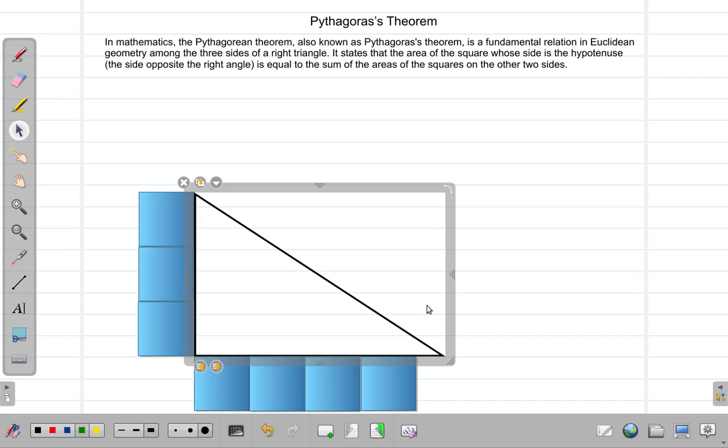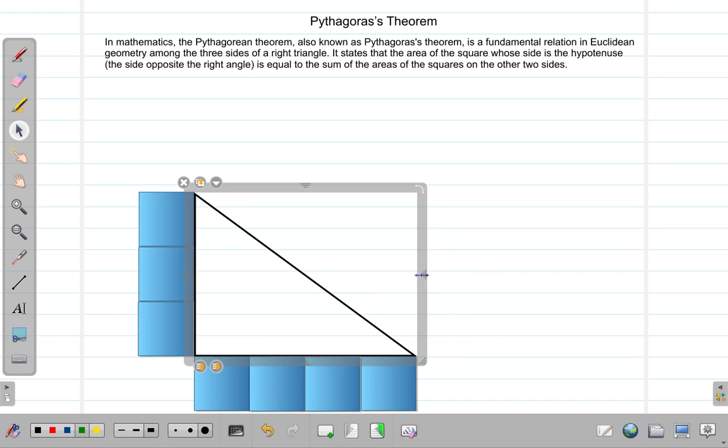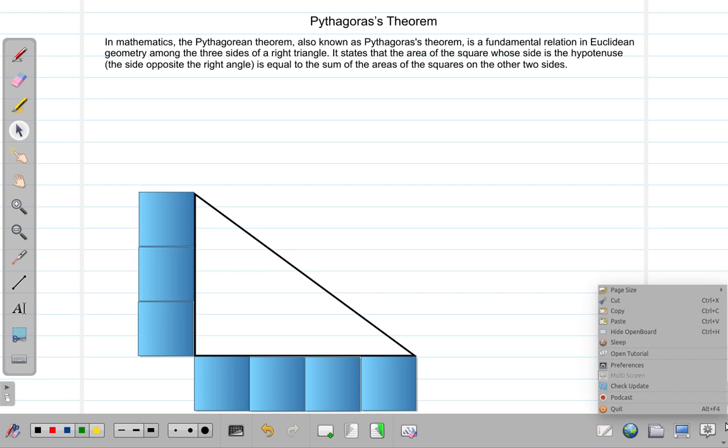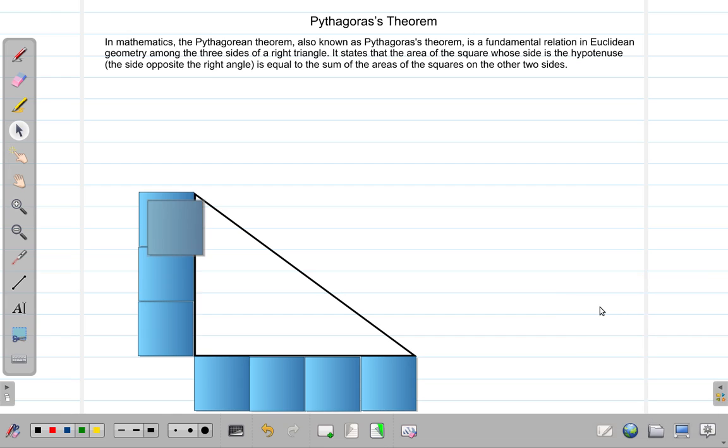Alright, let's adjust our right angle triangle to make everything match up. We have 3 here and 4 here. Now, if we should continue adding blue squares, this is what we would have.